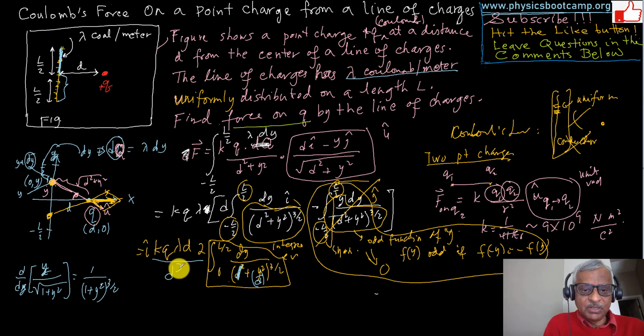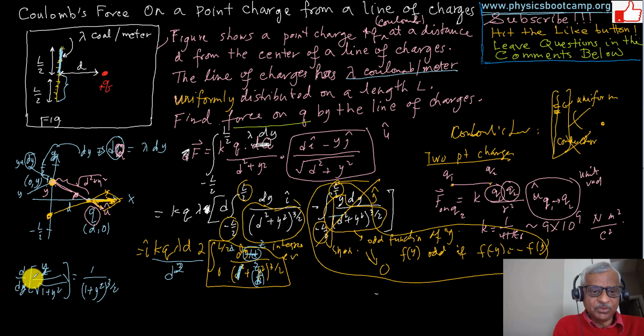So take one of the d's, make it y over d here, and consider that to be a new variable, y over d, and let's call that z. Then that's a z square. When y is L over 2, z is going to be L over 2d.